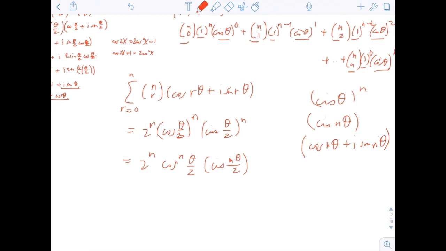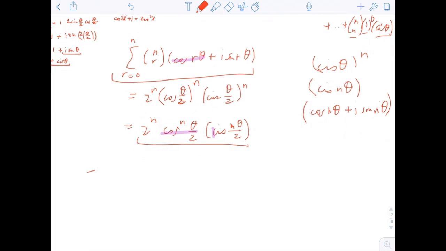And if that is equal to this, we could equate the real part and the imaginary part, okay? So let's forget the imaginary part and just look at the real part. So on the left side, we're going to have the real part of the summation, r equals 0 to n, and it would just be the real part, the cosine r theta, and the i sine r theta we're going to ignore.